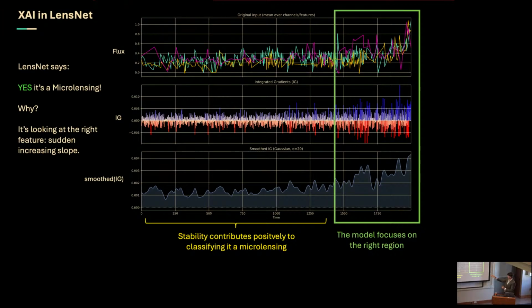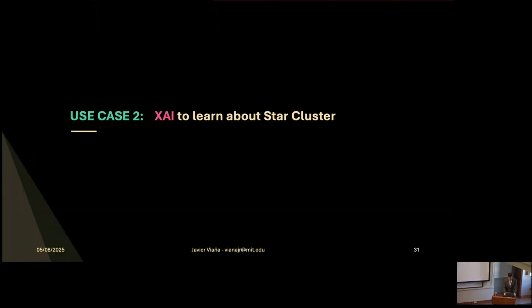Definitely everything's contributing. You can see that the stability contributes positively to classifying it as a microlensing, so that helps. But also the model focuses mainly on the rising region. So anyway, that's a way of validating.